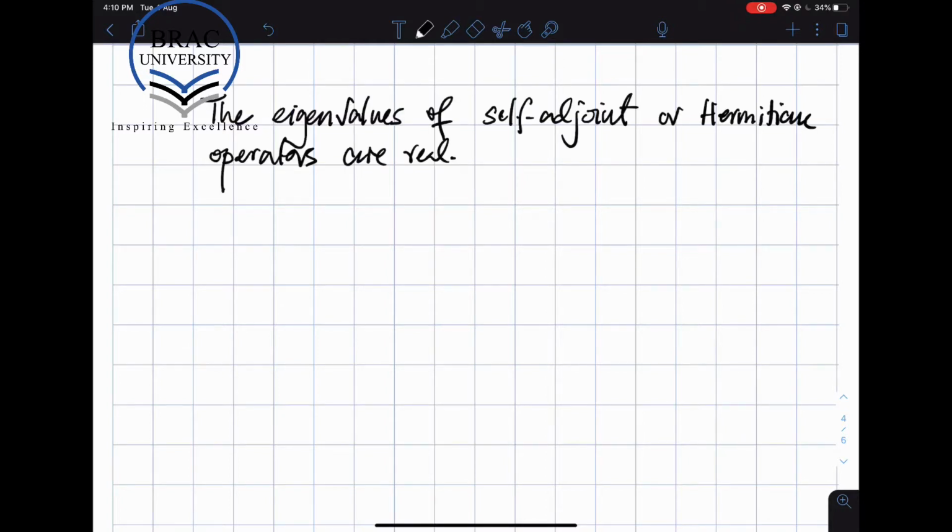So how can we prove this? Let's take a self-adjoint operator and consider the eigenvalue equation. Now we can take the inner product of this equation with psi n.